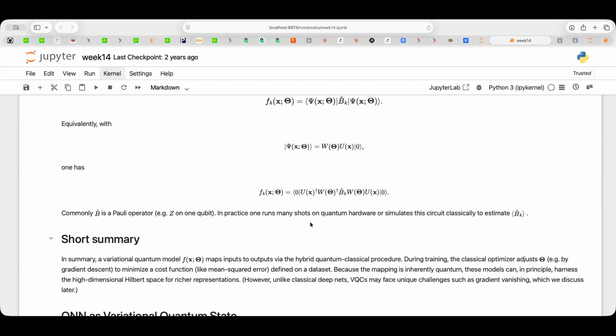So in practice, one runs many shots on quantum hardware or simulates these circuits classically. I just wanted to emphasize this line here, because in project 2, you can decide whether you want to simulate it classically, which means that you then don't need to think of running a number of shots like you had to in project 1.